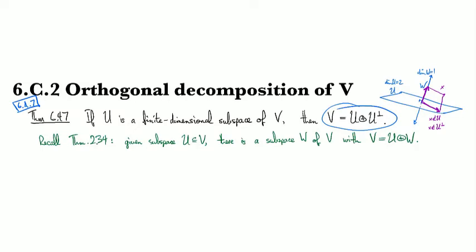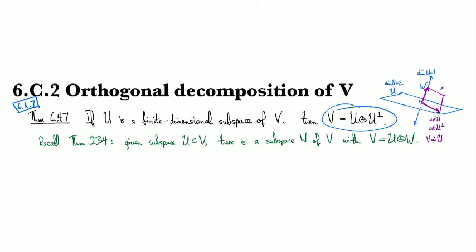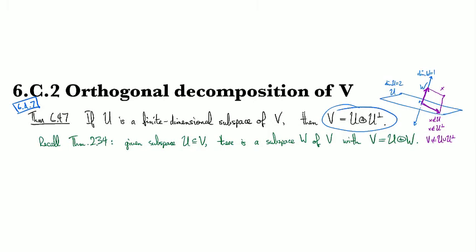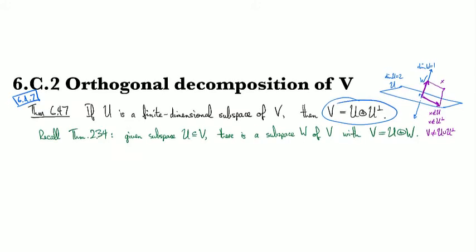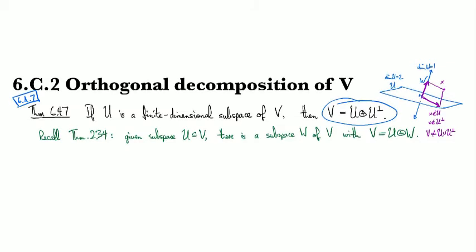So the thing I was saying is that V is not equal to the union of U and U perp. It's equal to the direct sum of those. Big difference, big difference.